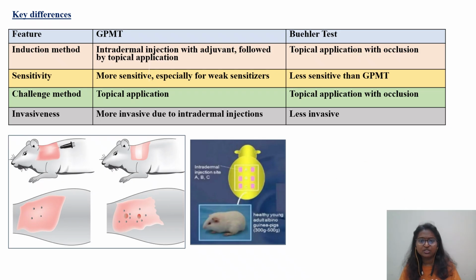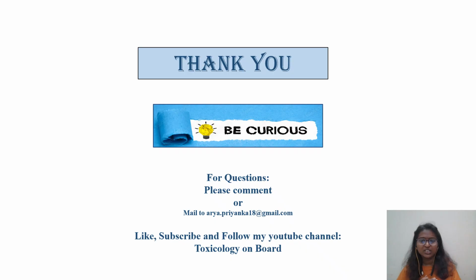So I hope from this video you were able to learn about contact sensitization and the sensitivity of the assays. Three assays are there with respect to sensitization. When it comes to the topic of sensitization, I'll give you some important points that you have to read. First, read all the four types of hypersensitivity: type 1, type 2, type 3, type 4. Which of the following is mediated by what type of antigen or antibody?